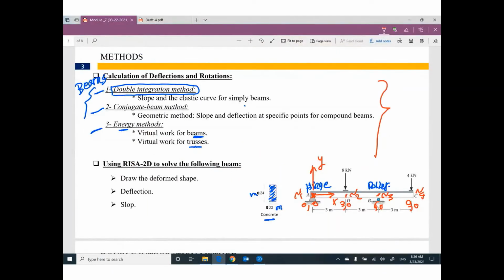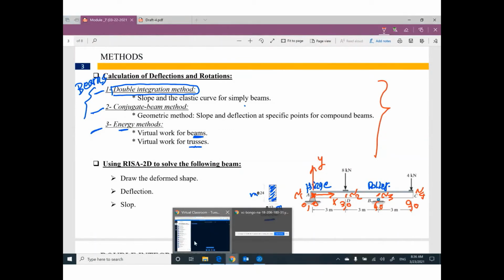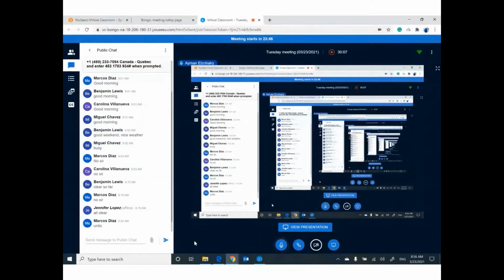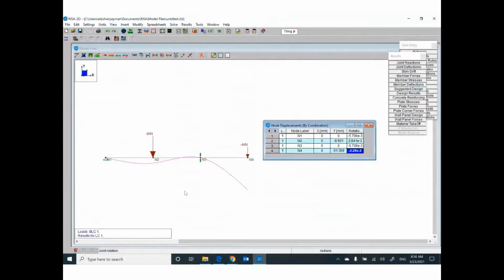So did you understand what is going on? Guys, did you understand what we need to do starting from today until probably the end of the semester? We have a beam and we have applied load. The applied load will make deformation.